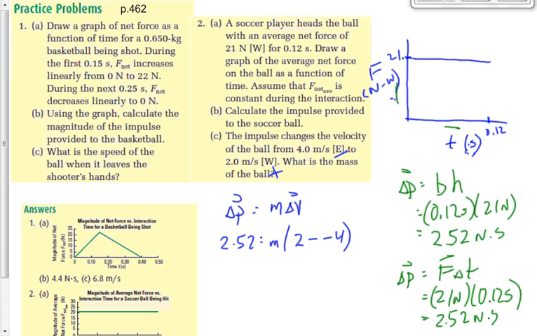We just get a negative 6 instead of a plus 6, that's all. 2.52 equals m times 6. m is equal to 2.52 divided by 6, which is somewhere in the range of 0.4 or something like that. Is that okay?